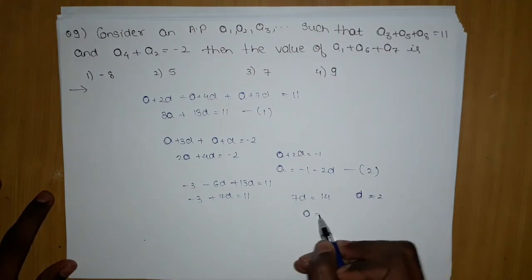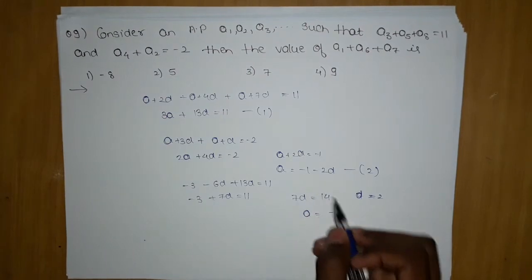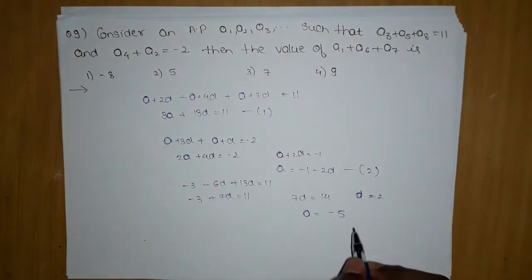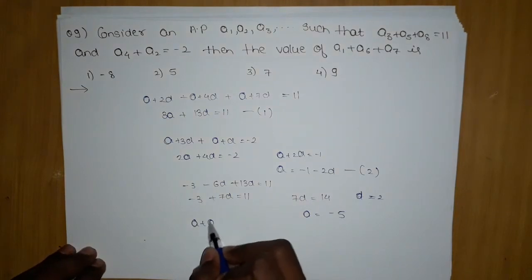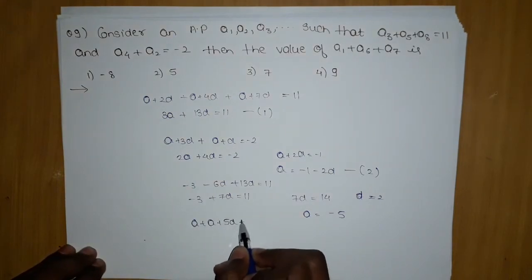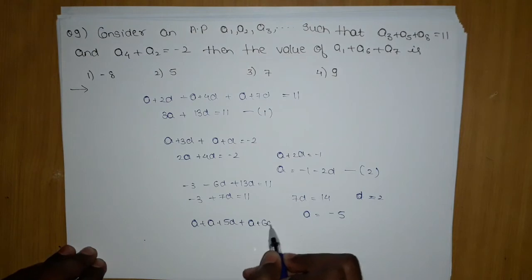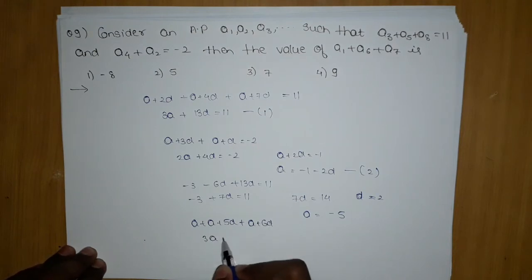So a will be -1 - 4, which is -5. Can I get the required value very easily? This will be a + a + 5d + a + 6d, so 3a + 11d will be my answer.